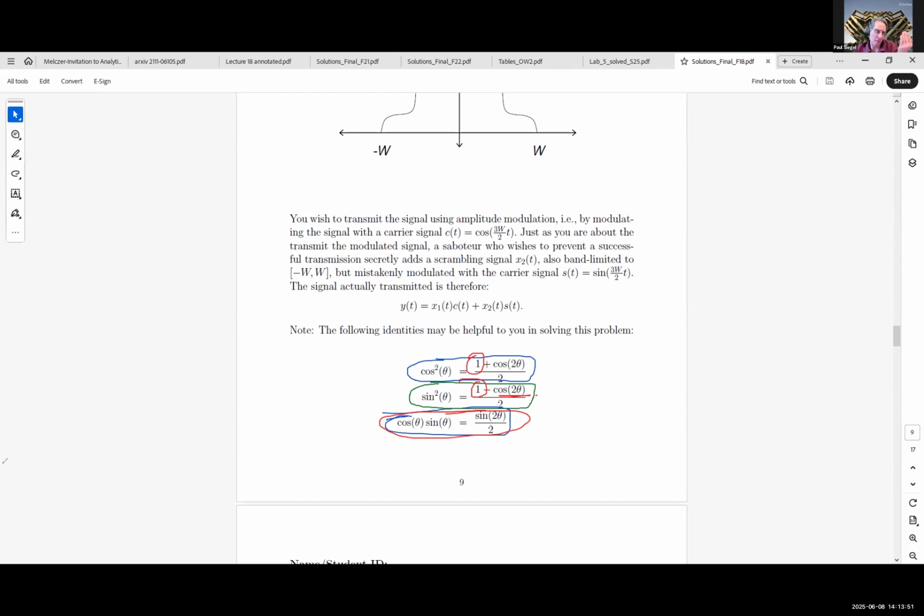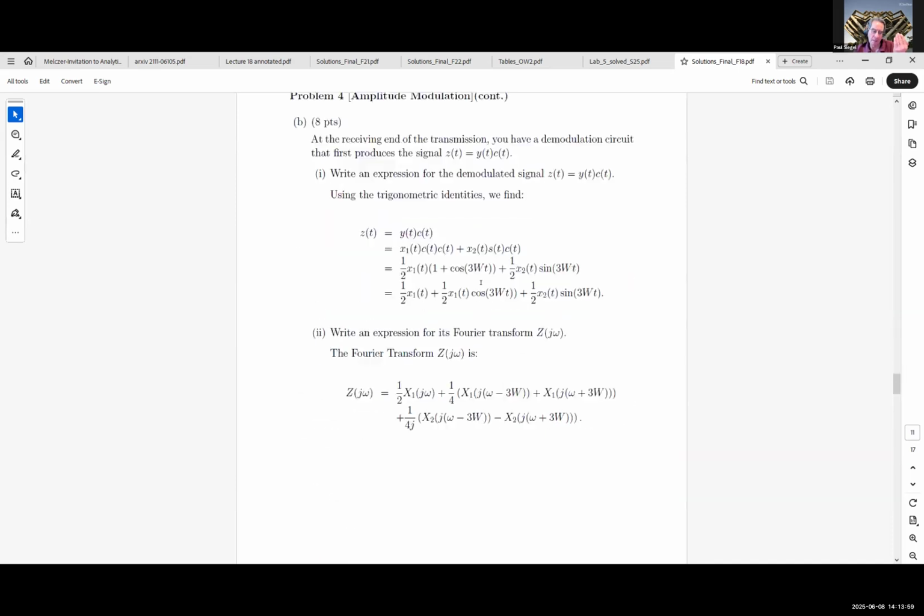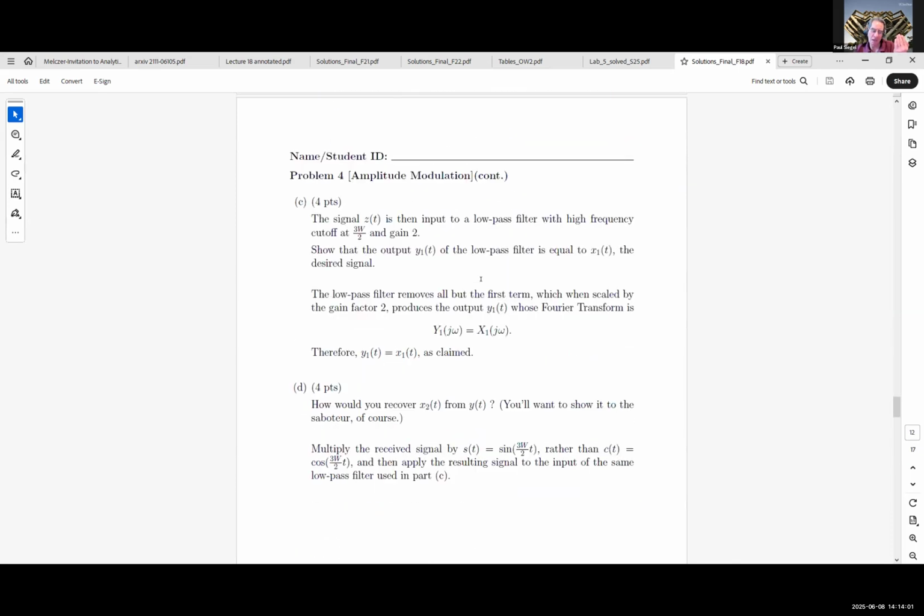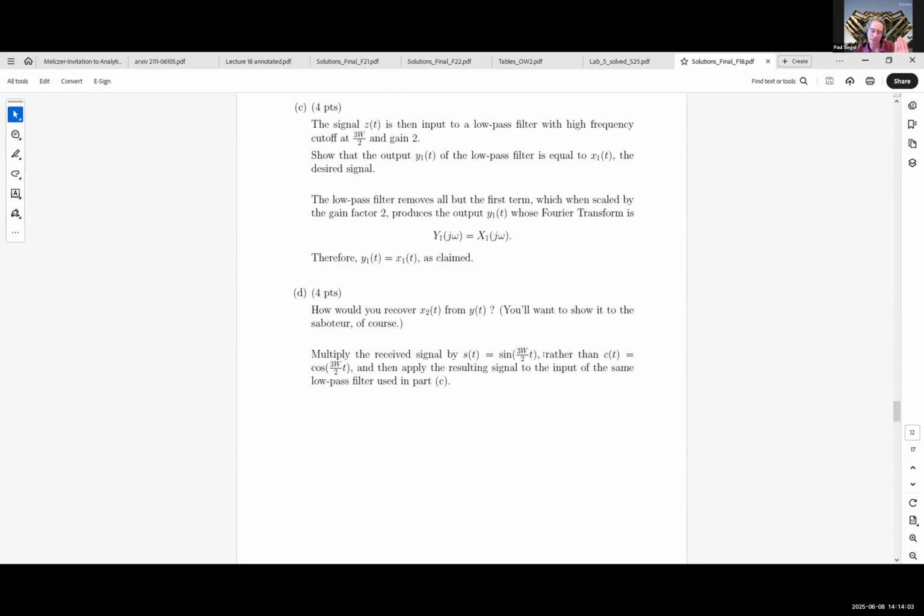And so what you end up with, if you go through the exact same type of calculation and drawing those figures, is that if you multiply by sine instead of cosine, it just reverses the roles. Sine of 3W over 2 times t rather than cosine of 3W over 2.